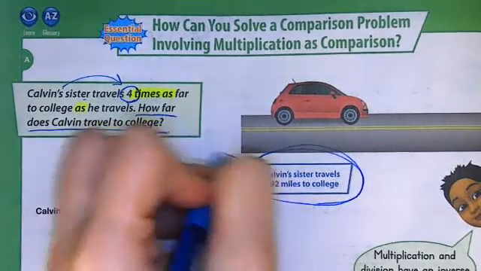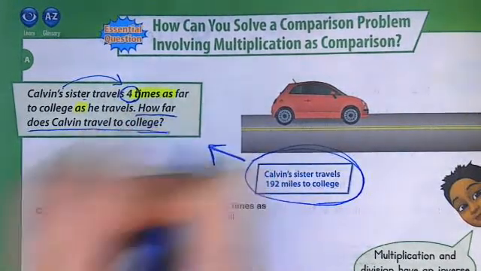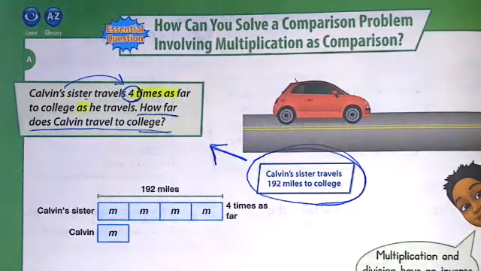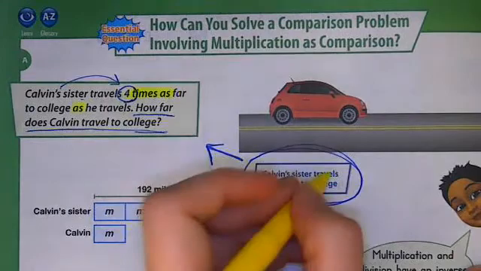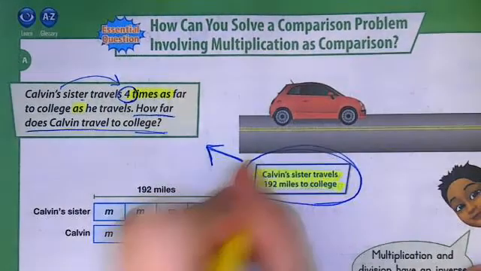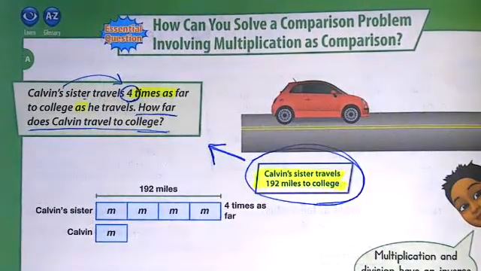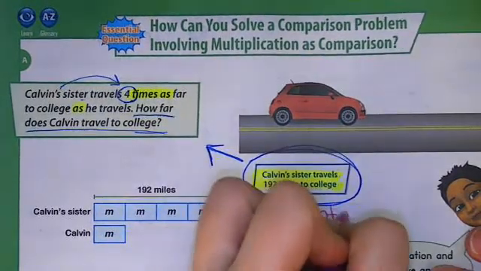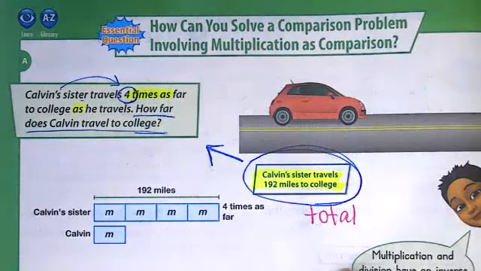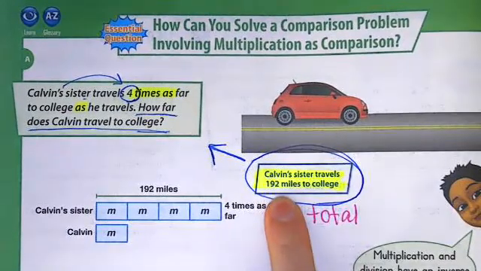We have the end result. It says Calvin's sister travels 192 miles. So this is the total amount. It's giving you the total top amount. So I'm going to write that down. This is the total. No number is going to get larger than this. It's not going to get any bigger.